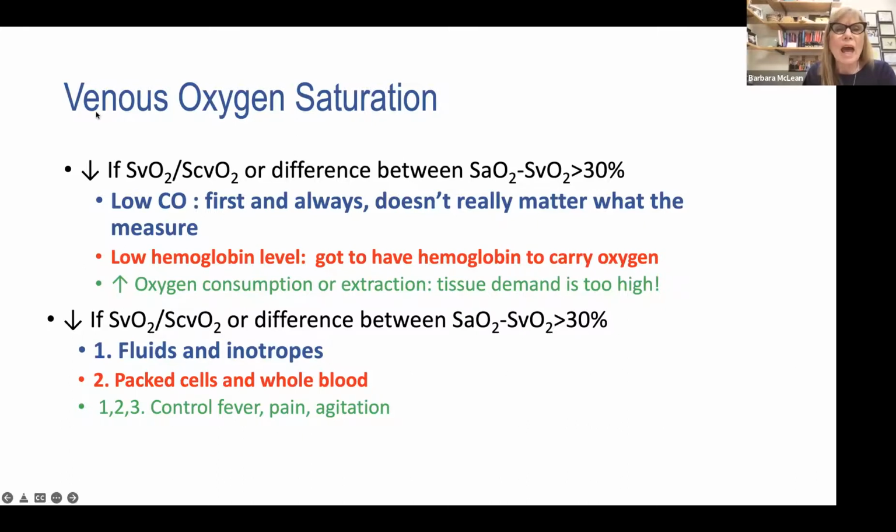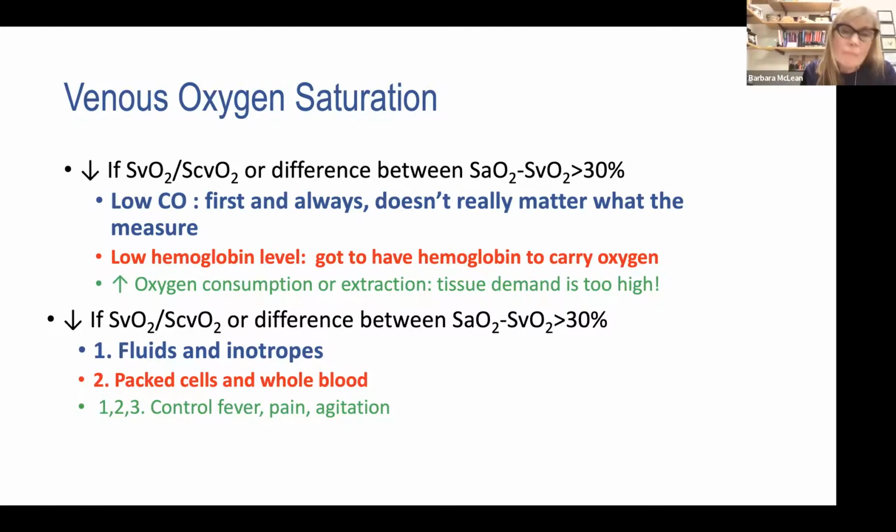Okay, so if SvO2 or ScvO2 is lower than 60, or the difference is greater than 30, always, first and always. I don't care if you're at the bedside measuring the cardiac output. You're like, well, Barbara, it's a normal cardiac output. A normal cardiac output is the one that supplies enough oxygen delivery to the tissue that you don't need to use oxygen from your hemoglobin reserve.